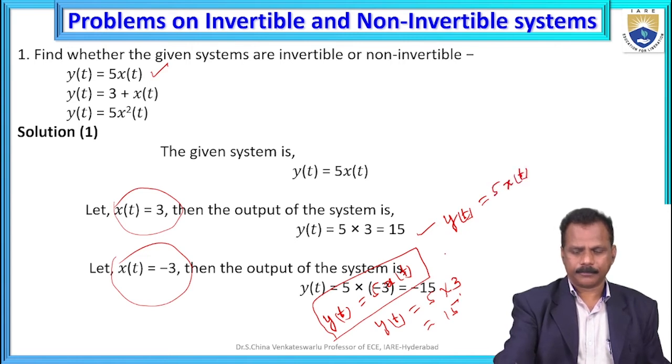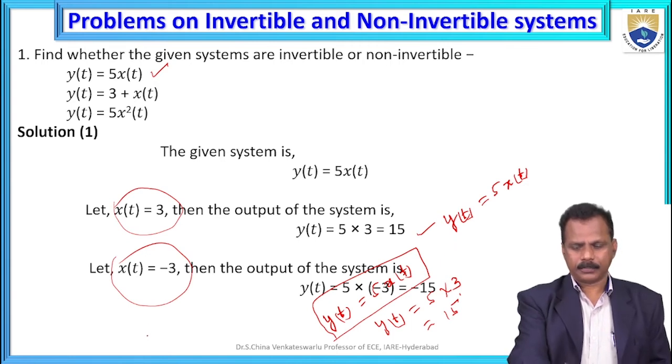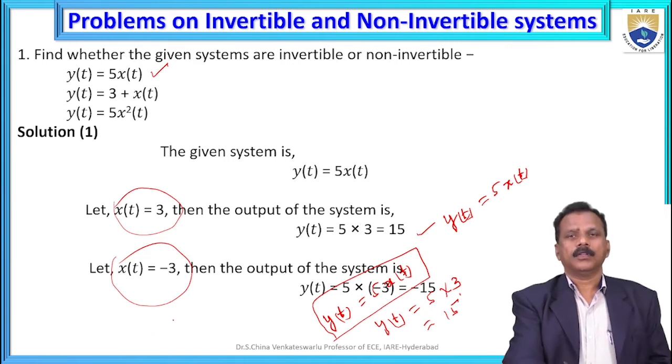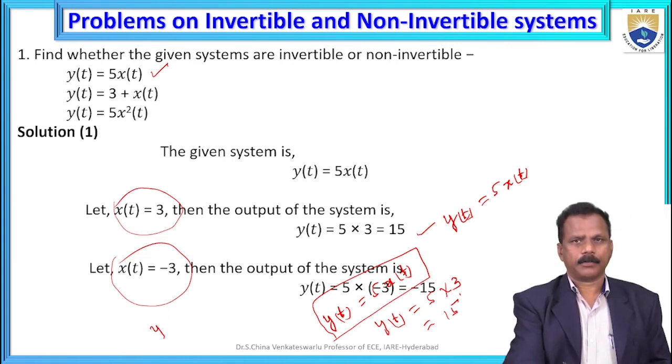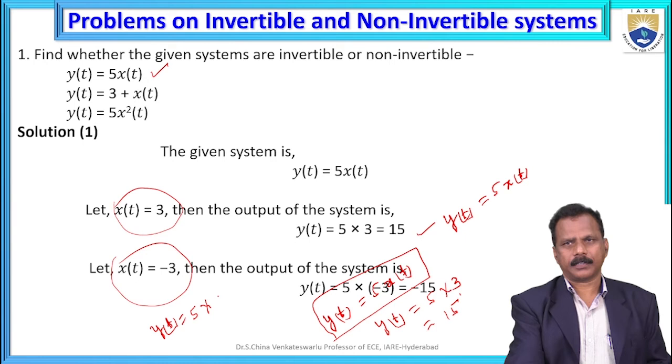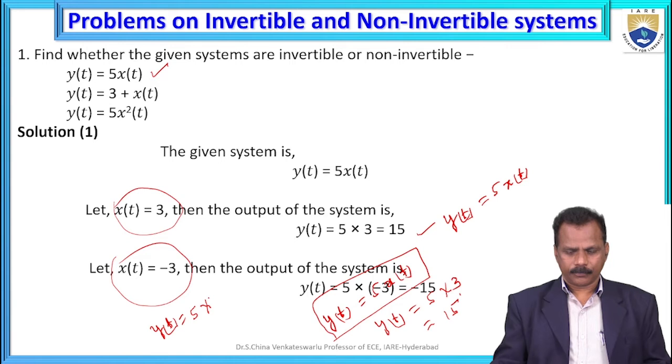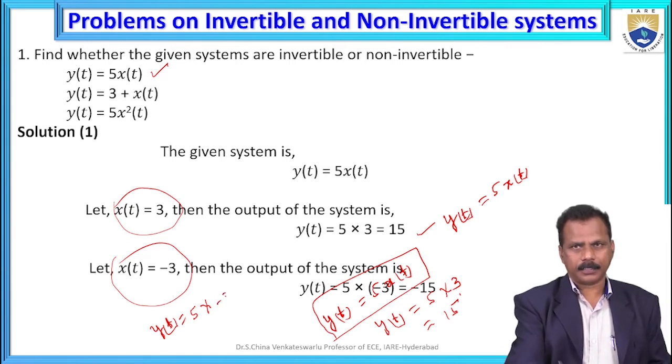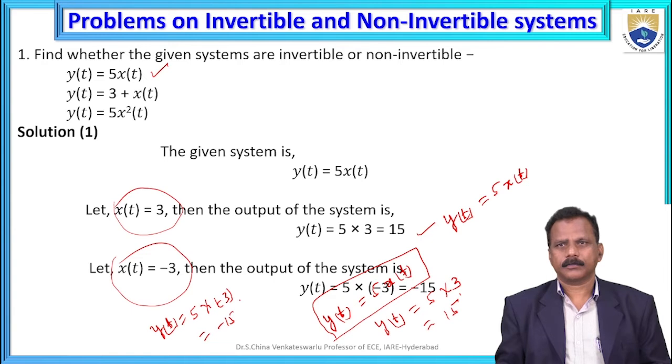Here, x of t is given as -3, so y of t is 5 into -3, which is equal to -15. Like this, we verify.